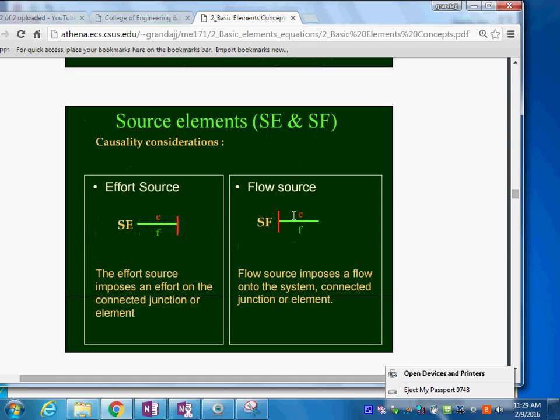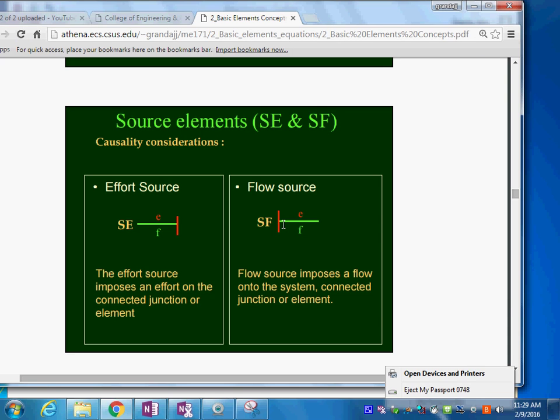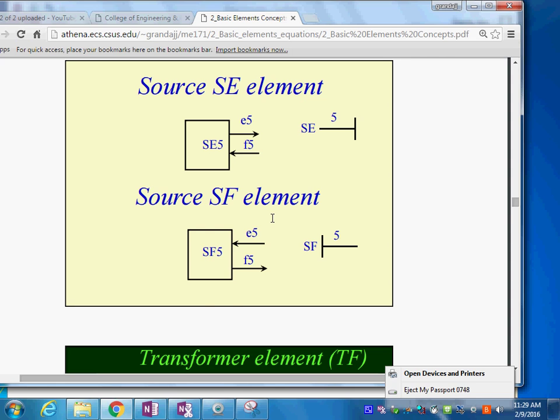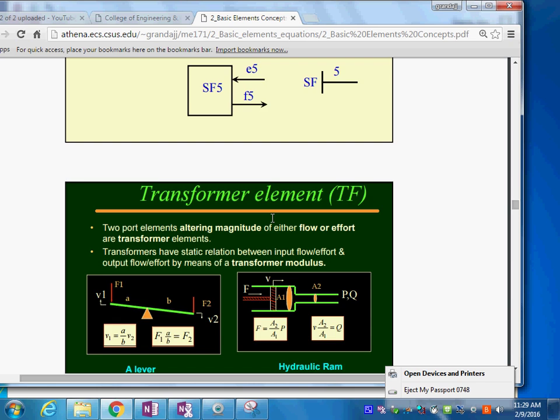Well, in the transformer element, you could see on the left-hand side, there is this bar that has two forces on the side, and depending on which acts when, the system will move. The one on the right-hand side is another good example of a transformer, because what's happening on this side, the amount of energy is released over here.